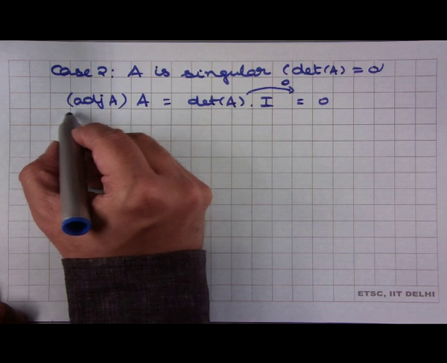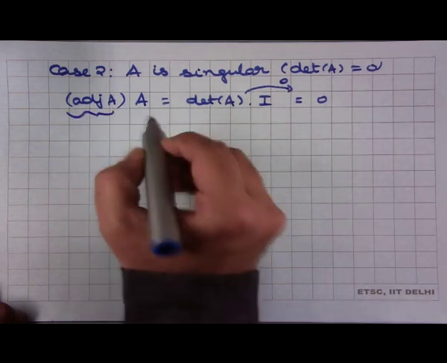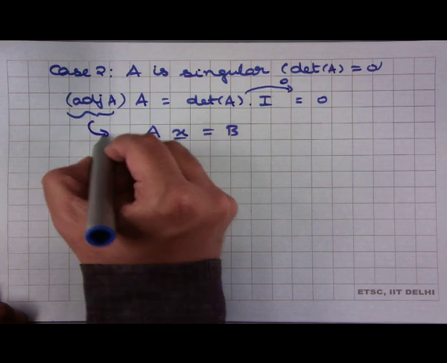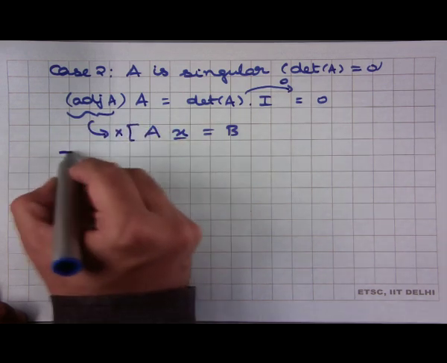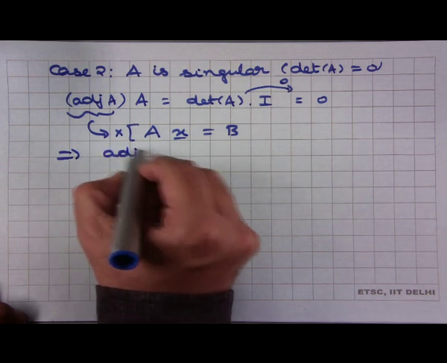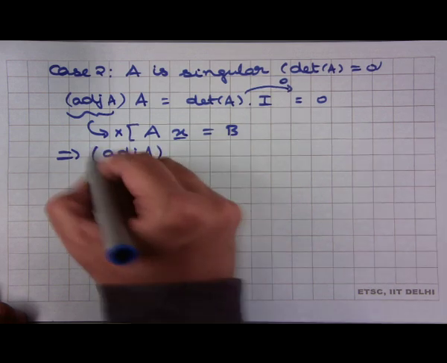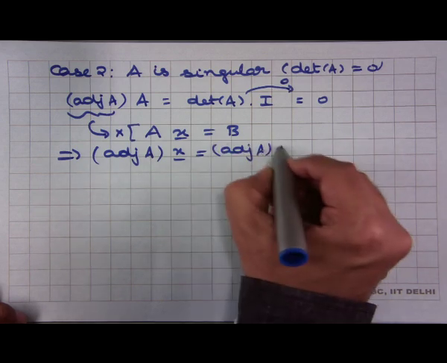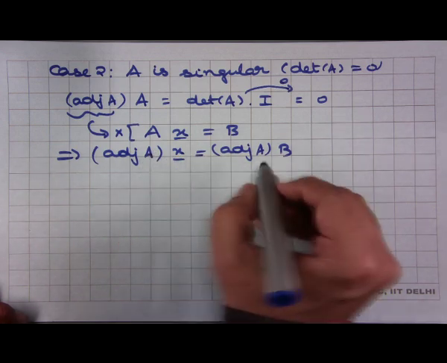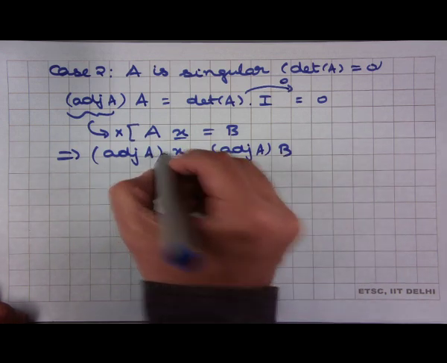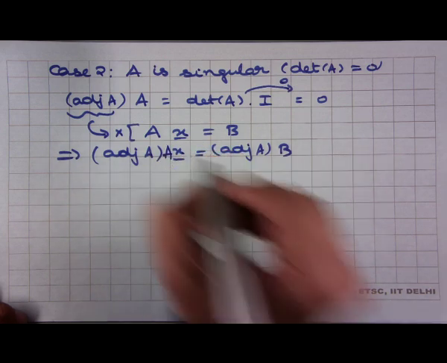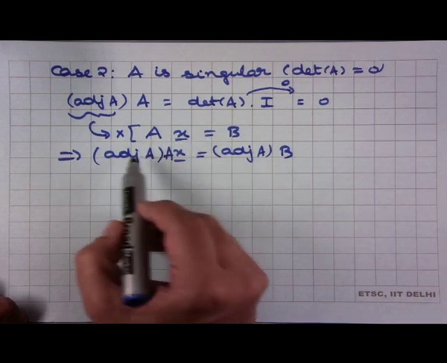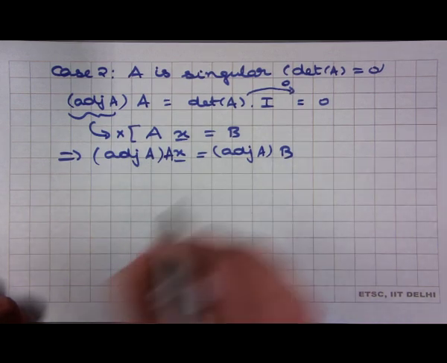And so, we use this by multiplying the system of equations by the adjoint of A. If you multiply this, then we get adjoint of A times x bar is equal to adjoint of A times b. I am missing an A here. So, this should be adjoint of A times A x bar, that makes sense because the left hand side has A x bar. So, we have adjoint of A times A x bar and then adjoint of A times b.